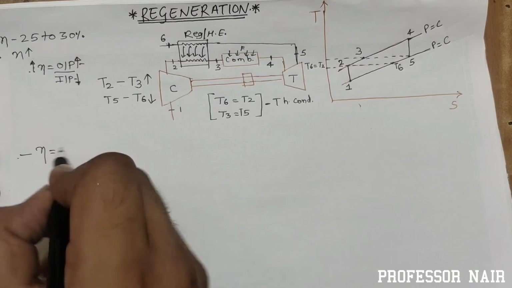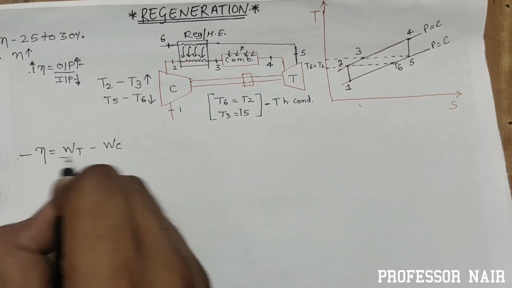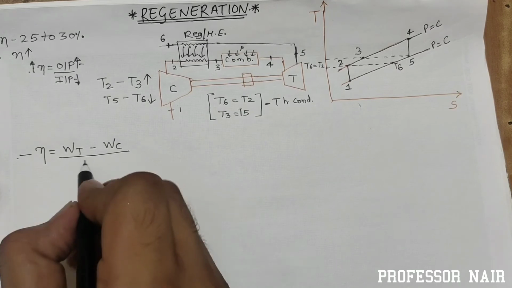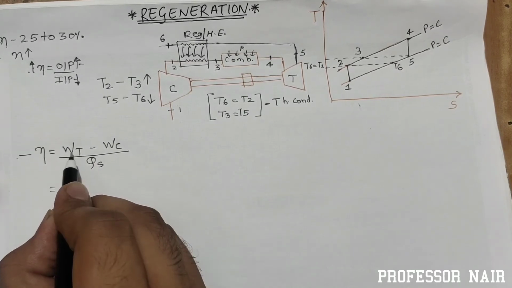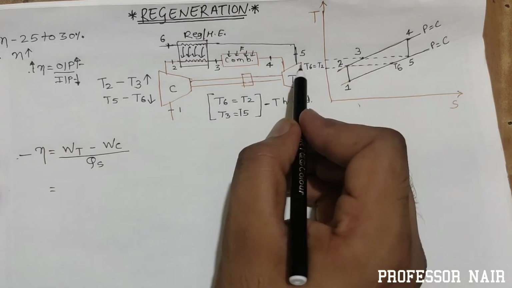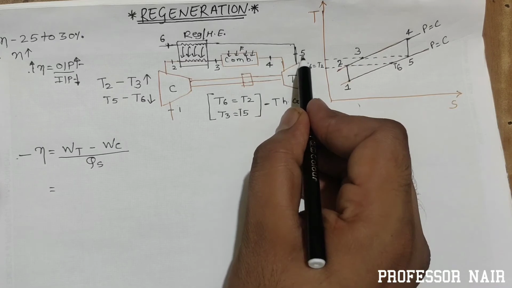The efficiency formula is WT minus WC upon heat supplied, that is QS. Work of turbine means m Cp delta T, outlet and inlet. See the turbine inlet T4 and outlet T5.